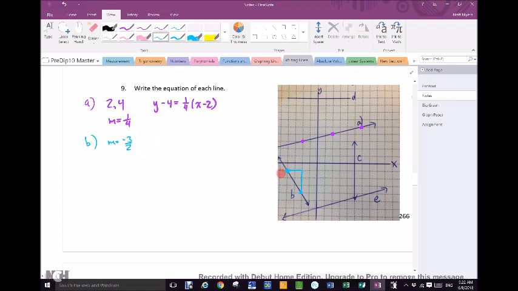You could use that point, which is negative 4, negative 1. Or you could use that point, which is negative 2, negative 4. In which case, it would be y plus 1 equals negative 3/2 x plus 4. Or y plus 4 equals negative 3/2 x plus 2. What would you use for C?